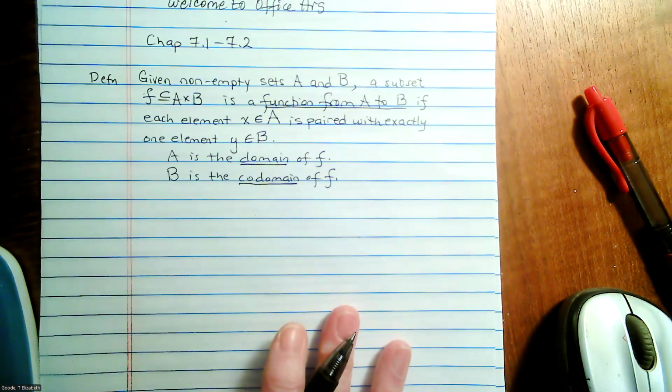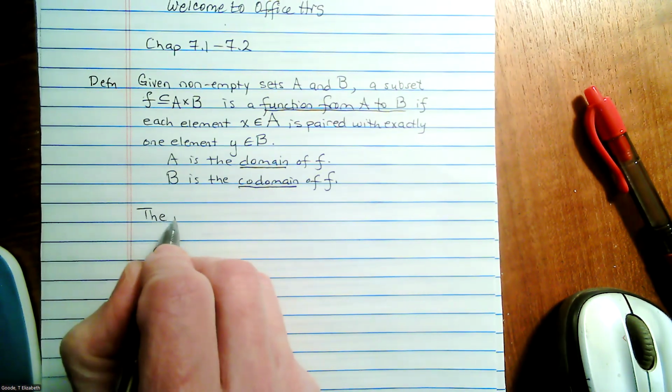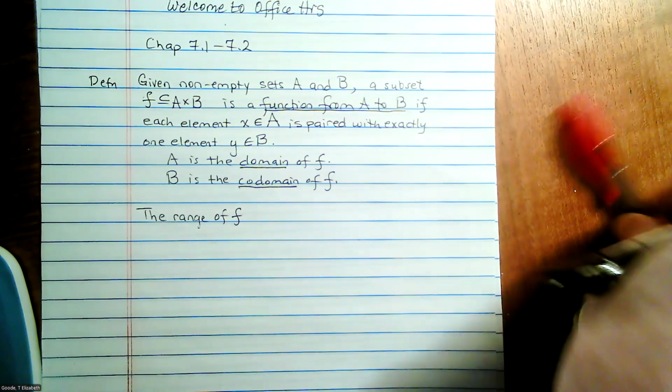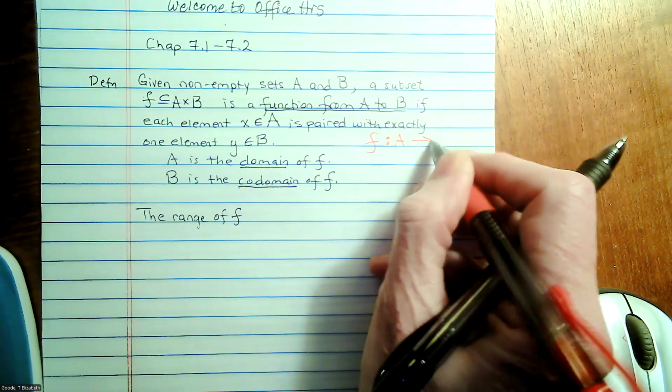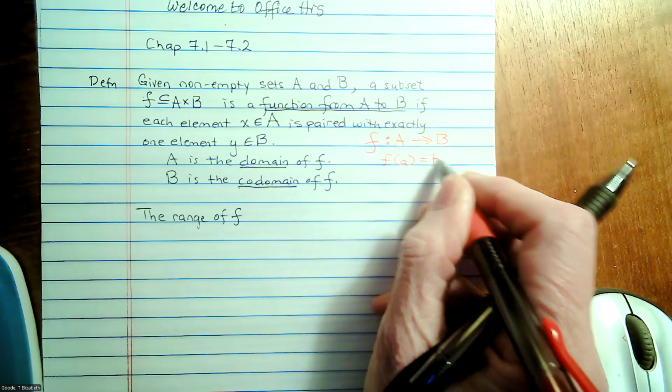Okay, and then the range of F. By the way, the notation is F from A to B, and we say F of a equals little b.